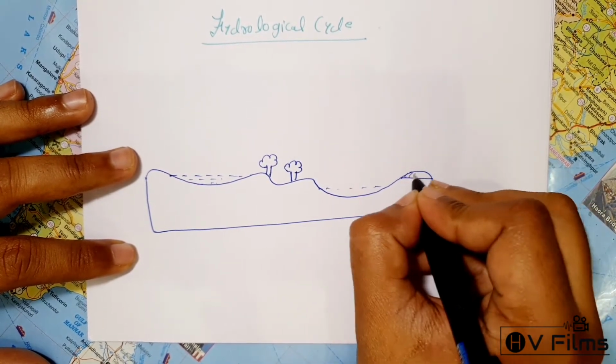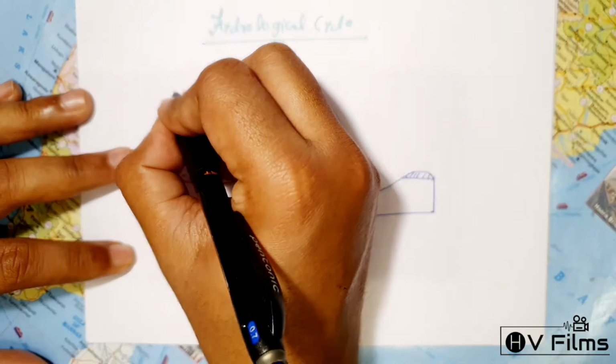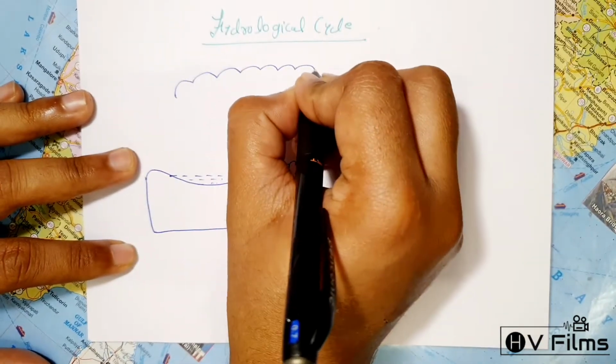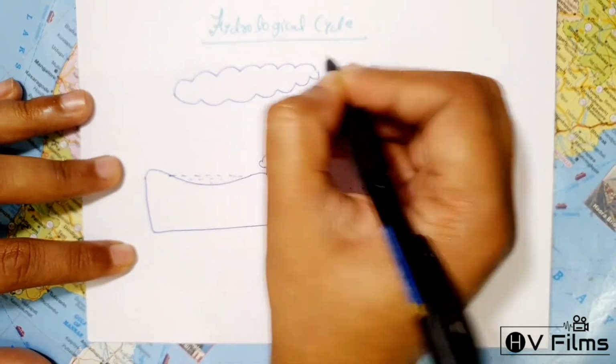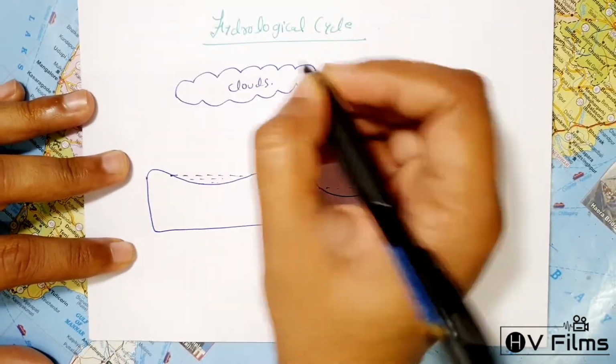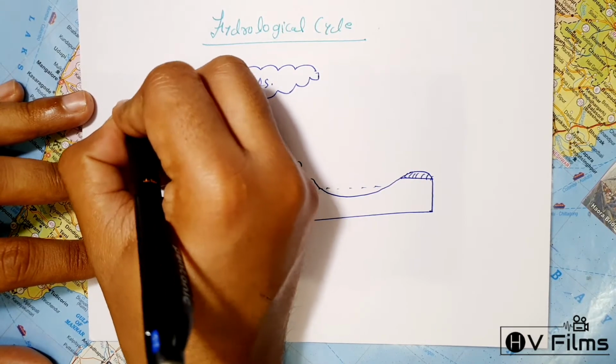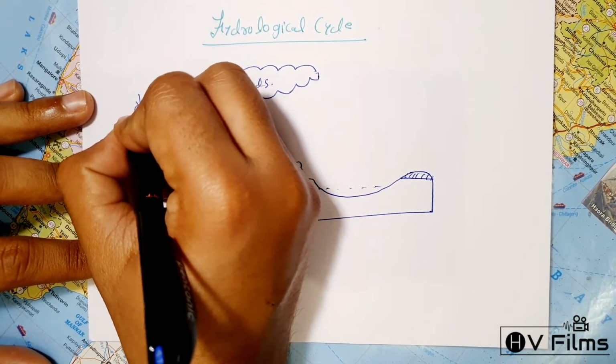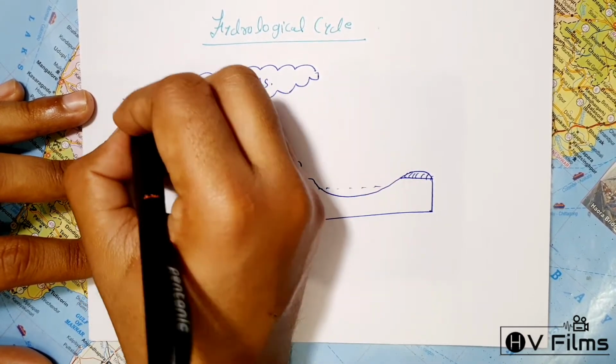This is a snow, and these are the clouds, alright, and that is our sun. Okay, a smiling sun.